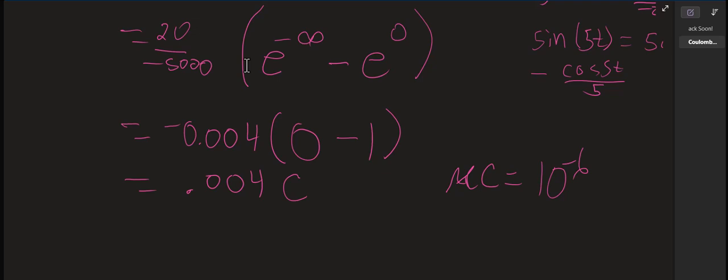I don't know why we would want to have this in microcoulombs. Seems like millicoulombs would be more reasonable. But no, that's it. So multiply times 10 to the 6, and you get 4,000 microcoulombs.